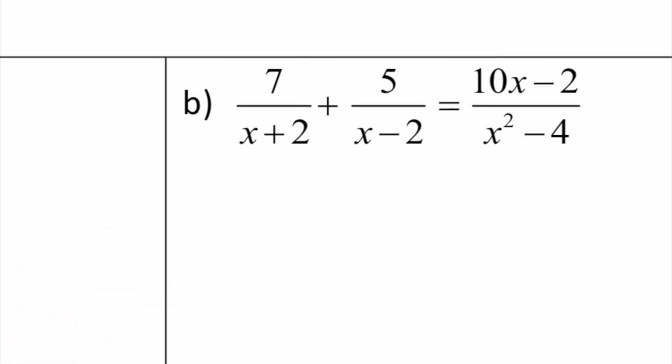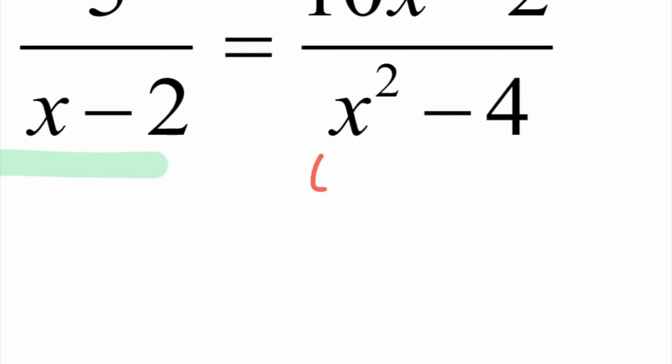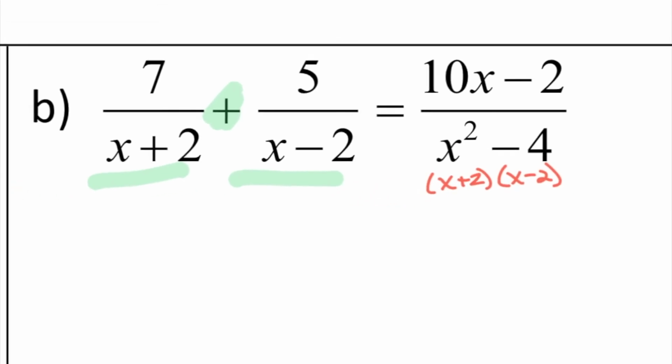In letter B, we don't have just one fraction. Over here, we have 2 fractions being added. So I would use what I describe as method number 2 in your notes here, and I would go ahead and factor this last denominator, and I would look for a least common denominator.